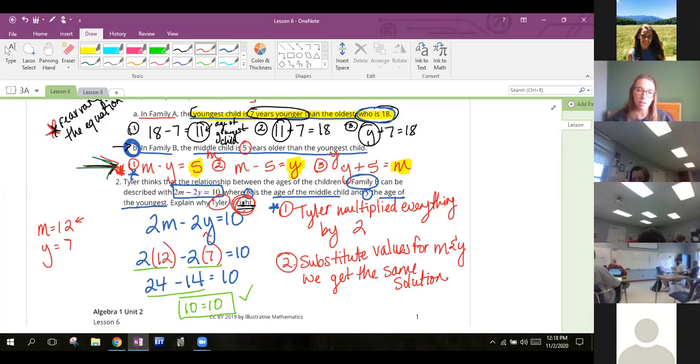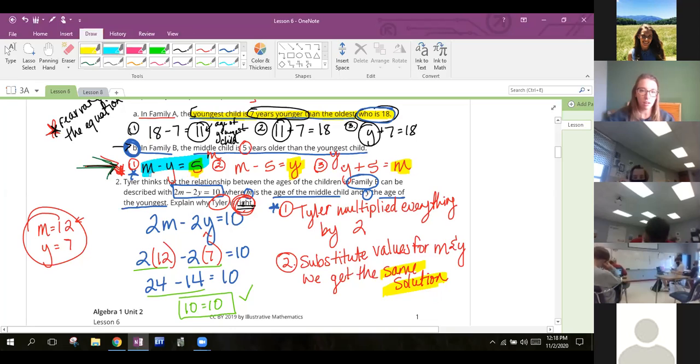Whichever one makes more sense to you, just go with that way. If it makes sense to you that we can substitute in and we'll get the same solution, so that makes them equivalent, then you do that. If you notice that they took this equation right here and they just doubled it, then that's how it's equivalent, then you go that way.